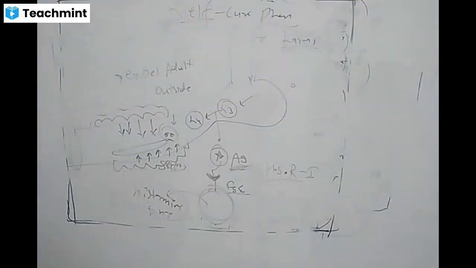So this is known as the self-cure phenomenon, where the larval challenge, these larvae, expel the adult worm outside of the body. How do they expel? First they molt L3 to L4.